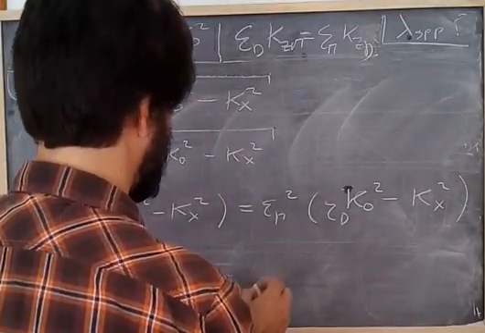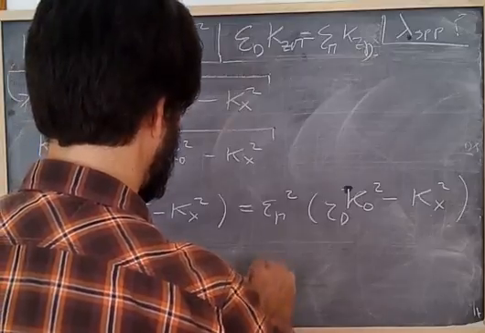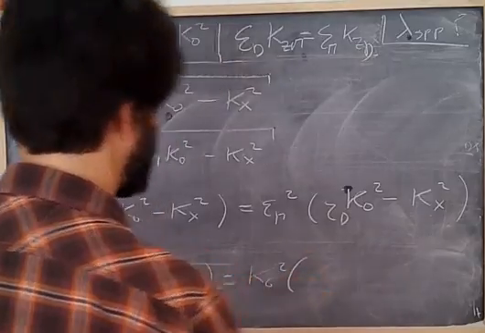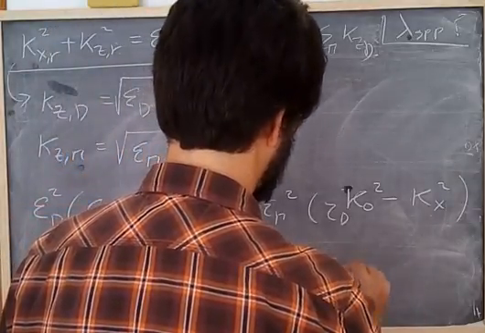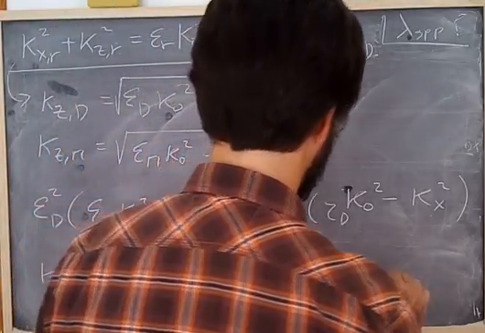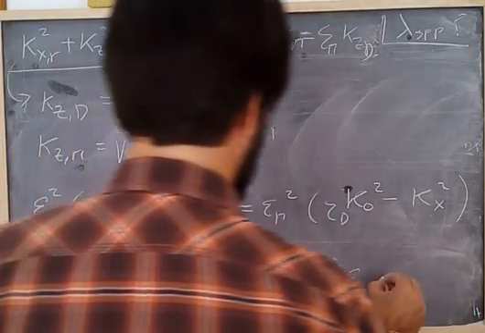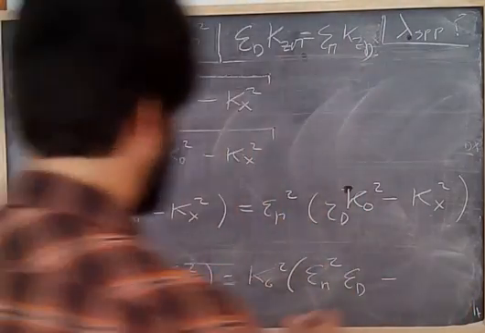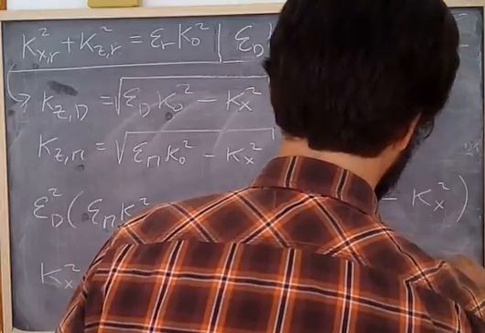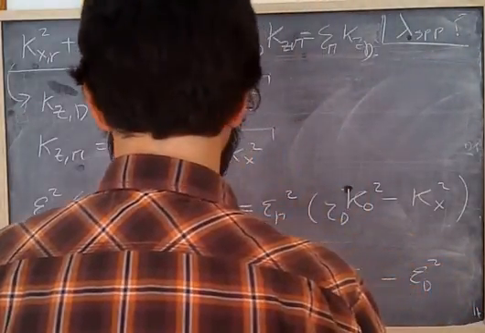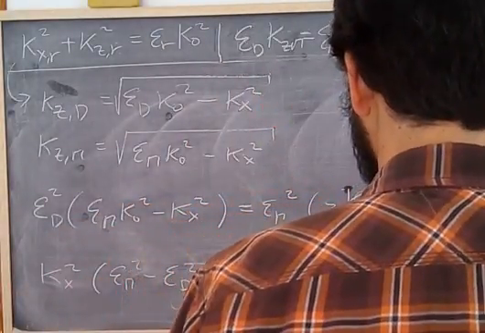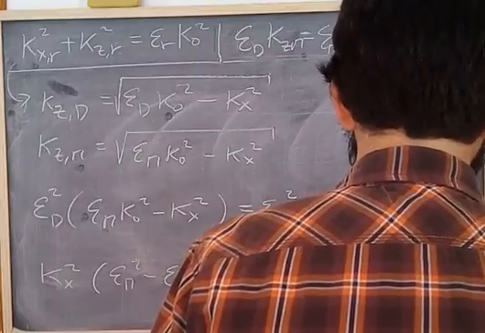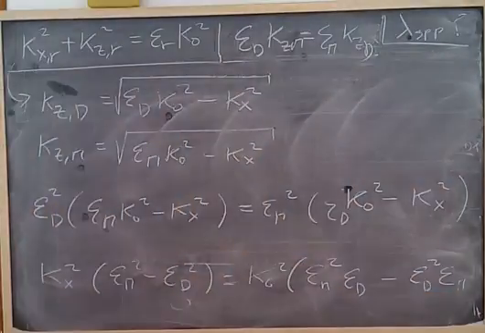Here I have k0 squared multiplied by (epsilon m squared epsilon d minus epsilon d squared epsilon m).